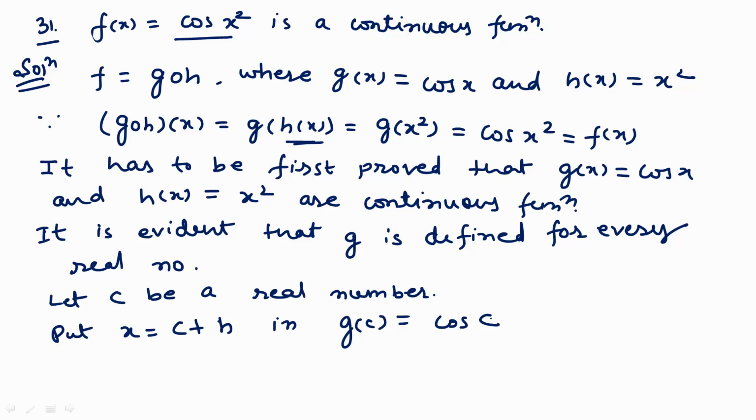When we put x is equal to c plus h, the limits should be in terms of h. If x tends to c, then h tends to 0. If we put x is equal to c plus h, c and c cancel, then h approaches 0.